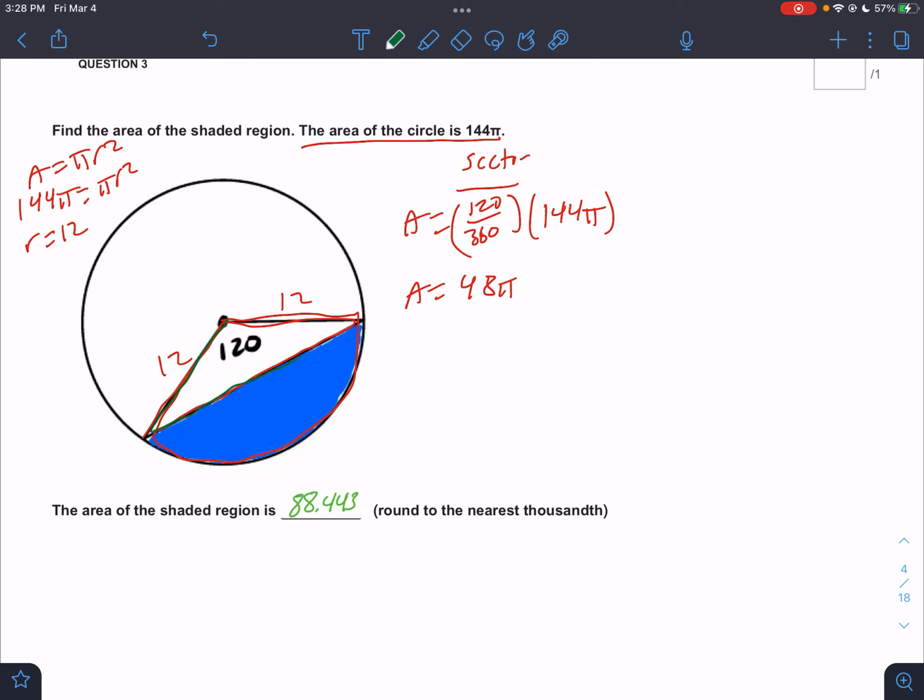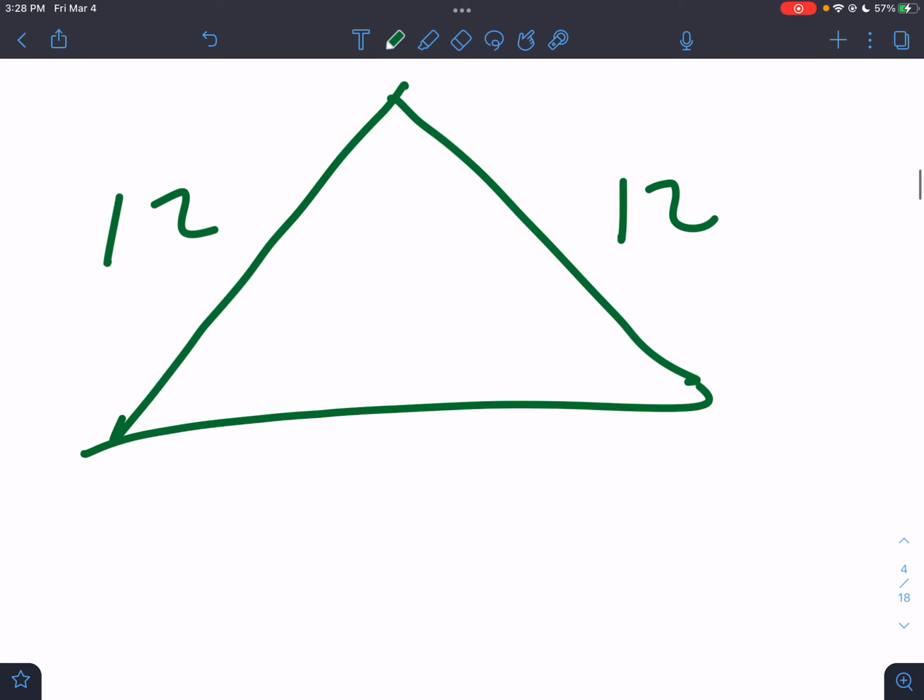That is an isosceles triangle because it's made of 2 radii. So I have an isosceles triangle where it's 12, 12, and in between 120. Because it's isosceles, I can drop the height, and that would make that 60 and 30.